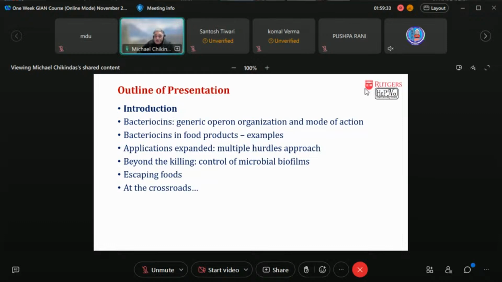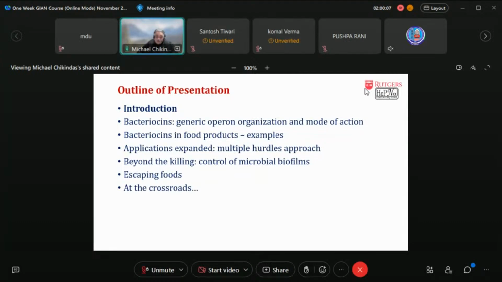We will expand applications and talk briefly about the multiple hurdle approach, which I think is the key strategy. We'll look beyond the killing, at control of biofilm formation, and we briefly touched upon it with emphasis on probiotic bacteria. But what is working there? Most likely, first bacteriocins delivering their action.